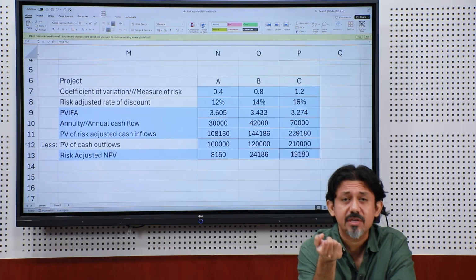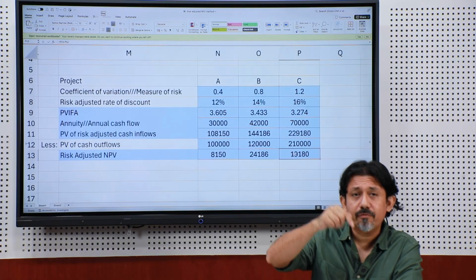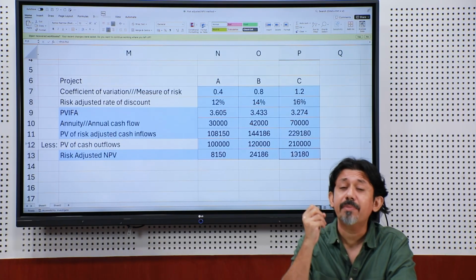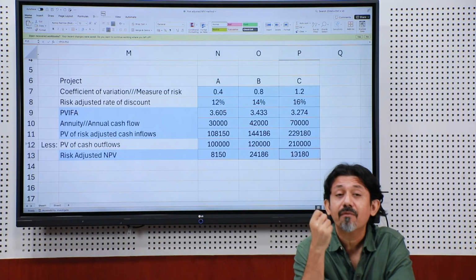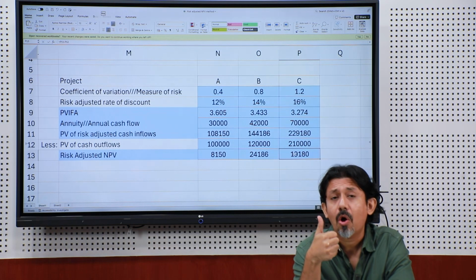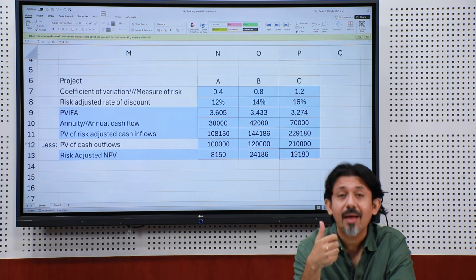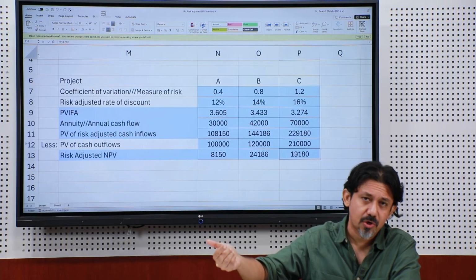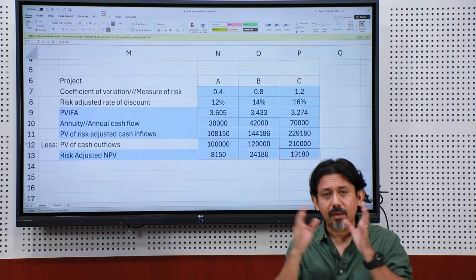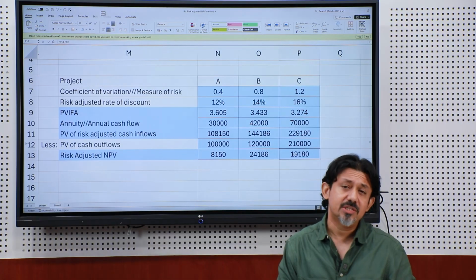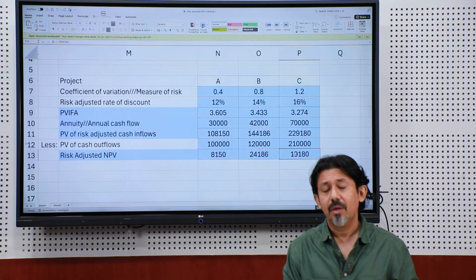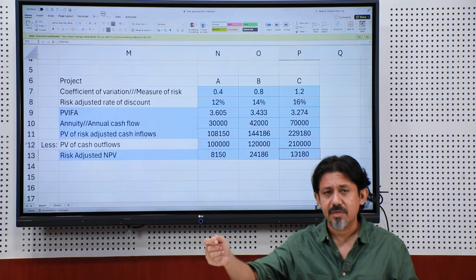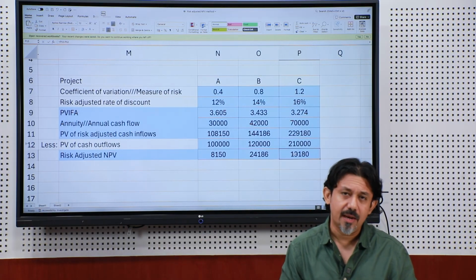You changed your discount rate from 12 to 14 to 16. That was your adjustment for the level of risk. We use the logic, the higher the risk involved, the higher the rate of discount or expectation of return. So, that is what the method of risk adjusted NPV is all about: adjust the discount rate according to the level of risk and then calculate the NPV.